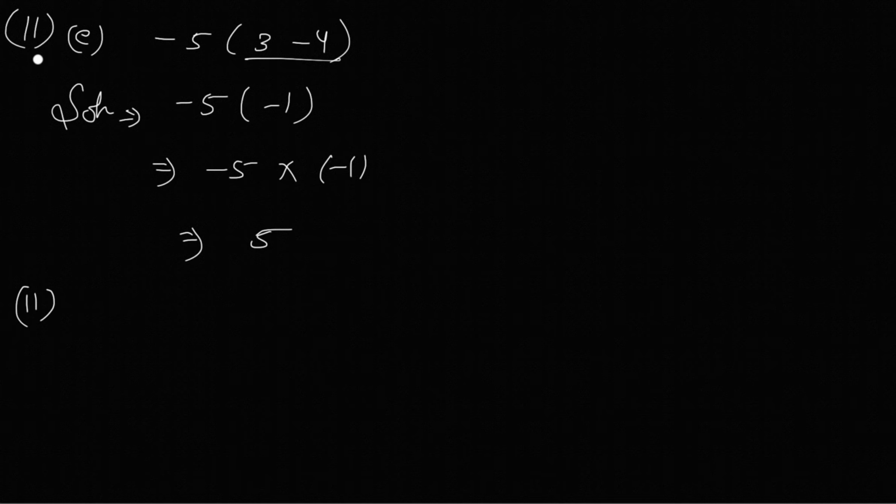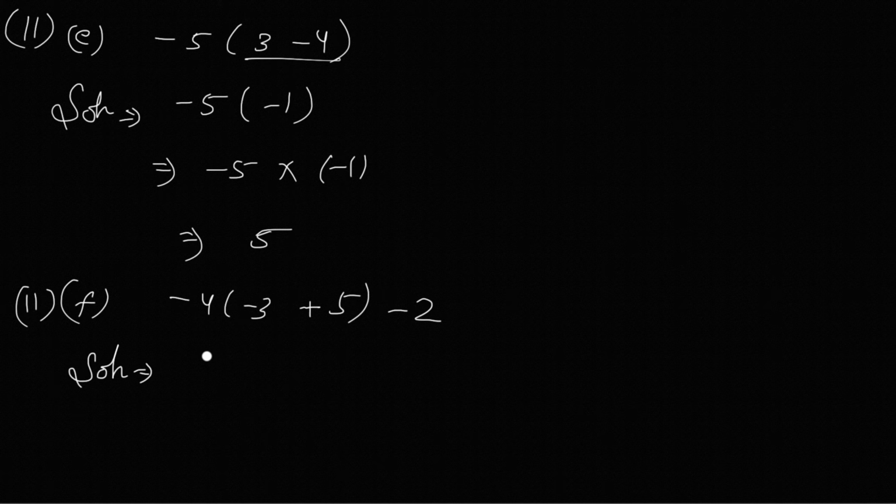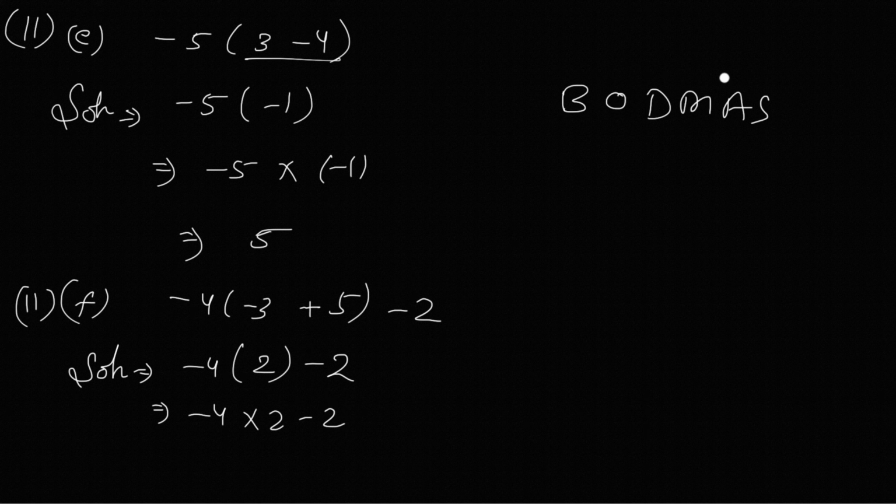Now the last question is 11f. Minus 4 (minus 3 plus 5) minus 2. Solve whatever is inside the brackets. So our solution part is minus 4, this is 2, and here minus 2. So it is minus 4 times 2 minus 2. So according to BODMAS, multiplication is our first priority. So 4 times 2 is 8, here is negative, and here minus 2.